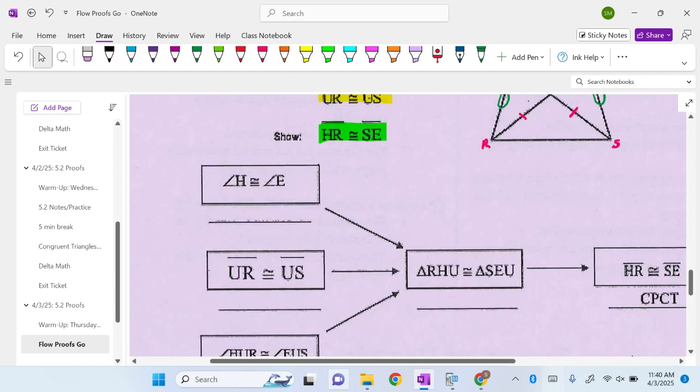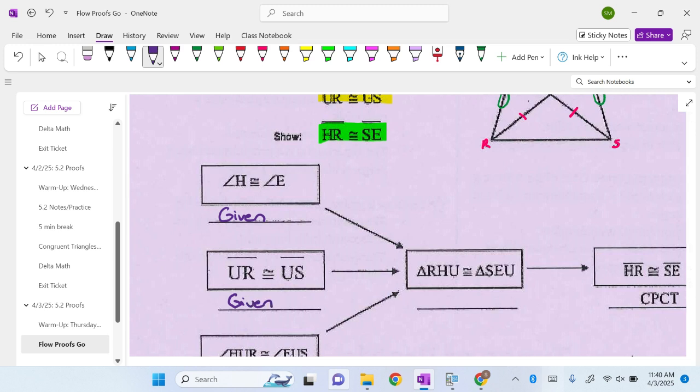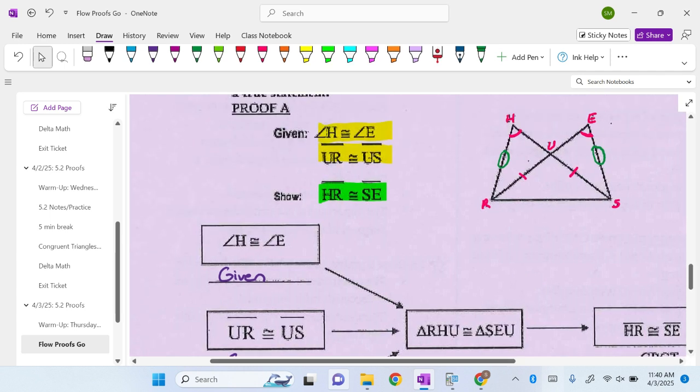So these first two reasons right here are just simply given. They gave us that information. There's no rhyme or reason for why they're congruent. They just gave us that information to get it started. So whatever your given is, that is part of your proof statements, but you just say that they're given.